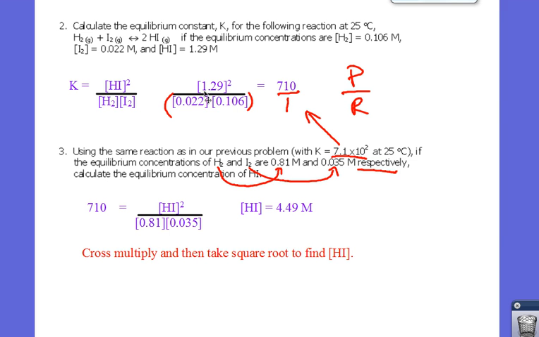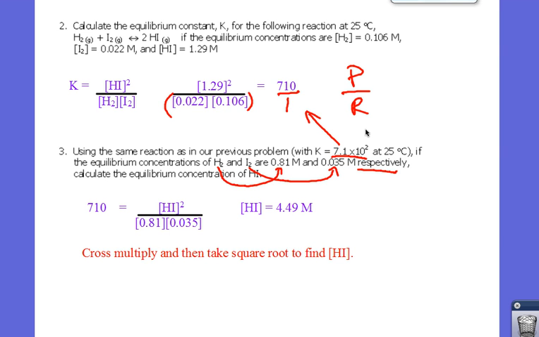Oh, that's squared, I gotta make sure I square that number. So this number squared divided by those two equals 710. Again, that 710 would be the products' ratio to the reactants, 710 over 1. Oh, there's a lot more products than there are reactants in this problem.